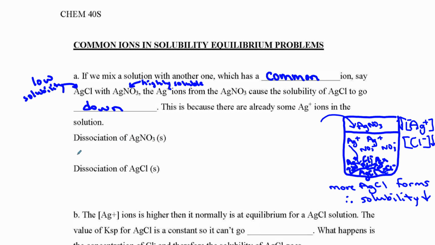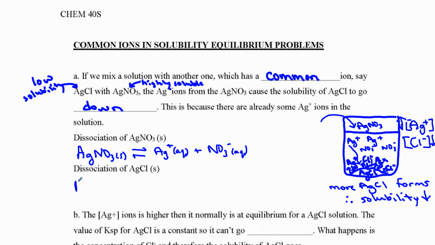So let's write out the dissociation reactions for both. This is something we've done a lot. We show the solid silver nitrate breaking up into silver plus ions and nitrate, negative ions.